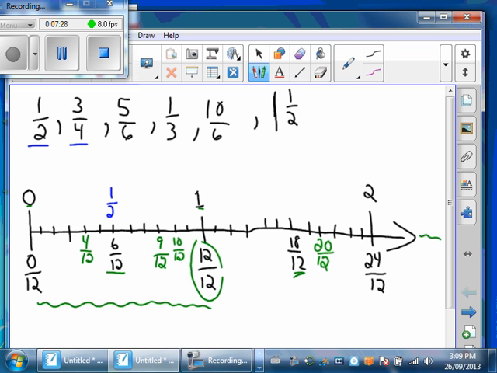And 3/4 is the same as saying 9/12. 5/6 is the same as saying 10/12. 1/3 is the same as saying 4/12. And 10/6 is the same as saying 20/12. And 1 1/2 is the same as saying 18/12.